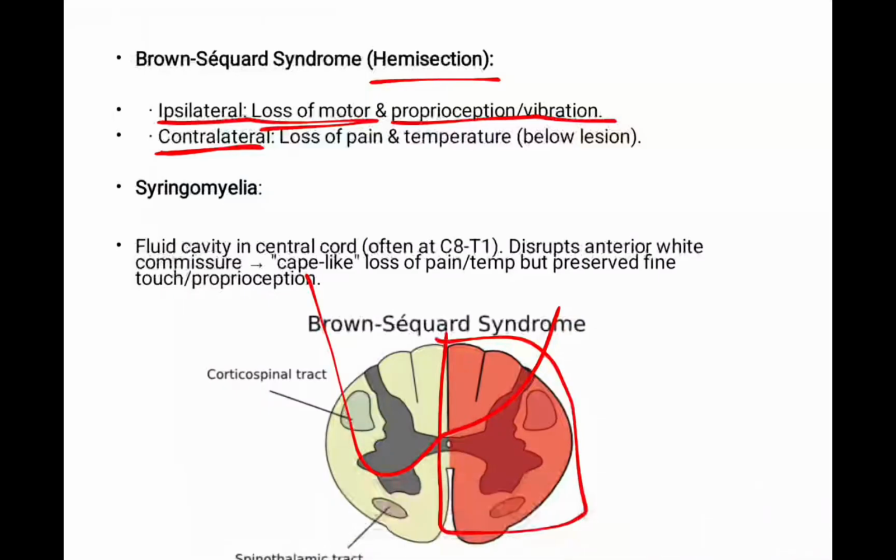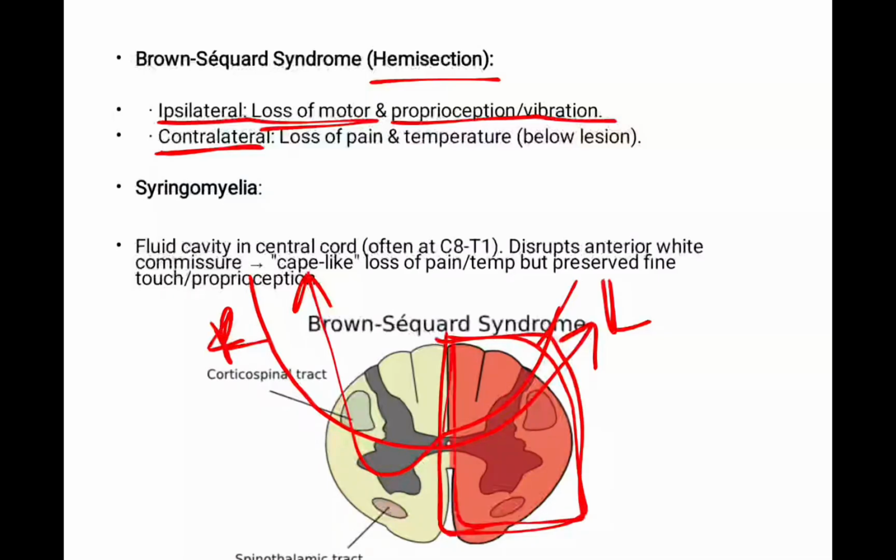Let's say this is the spinothalamic tract from the left side, and this is the spinothalamic tract from the right side, and there's a lesion on this side. That means you're going to have loss of sensation for the tract coming from the opposite, contralateral side. So it's going to be loss of pain and temperature sensation on the contralateral side below the level of lesion.